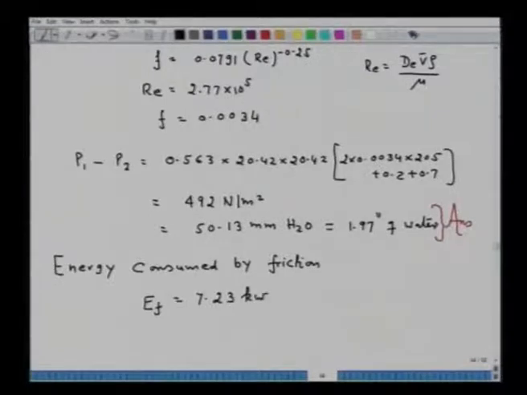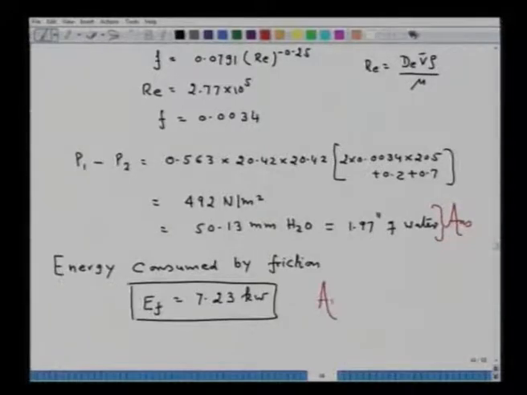So, you have to appreciate that a considerable amount of energy is lost to overcome the friction. It is very simple to calculate. Since EF is per unit mass, multiply by the total mass and you will get the energy which is lost by the friction.